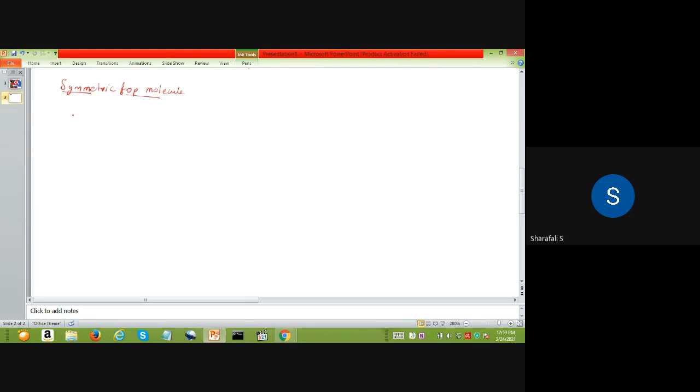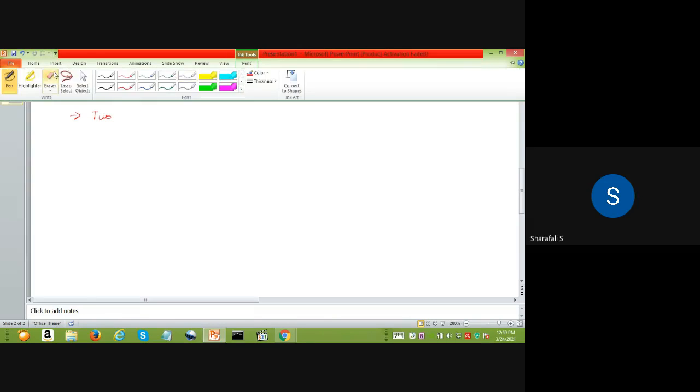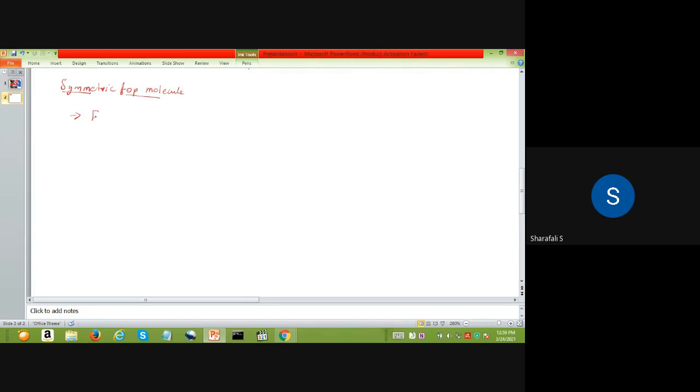For a symmetric top, I will just write it as some points.